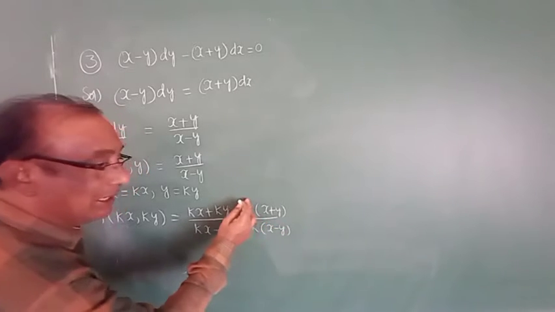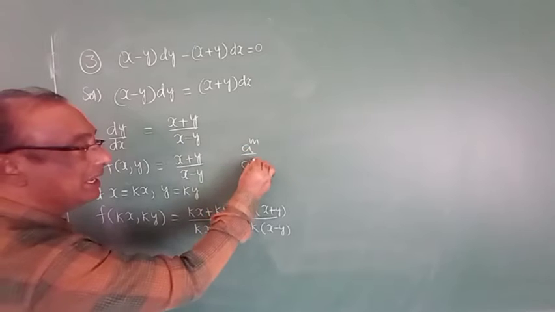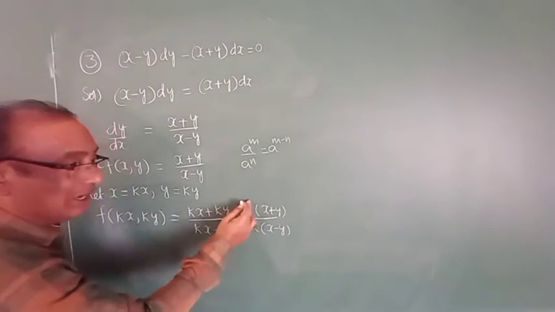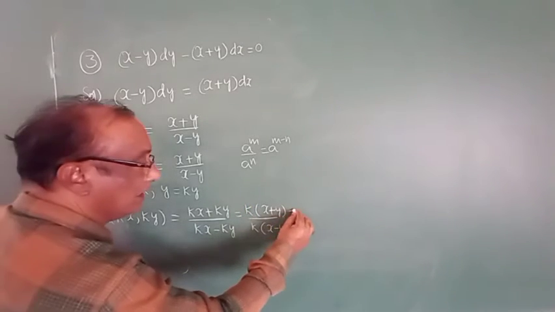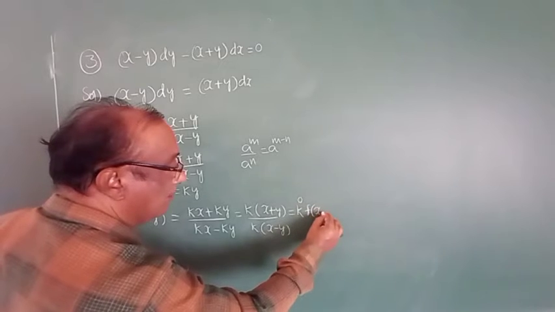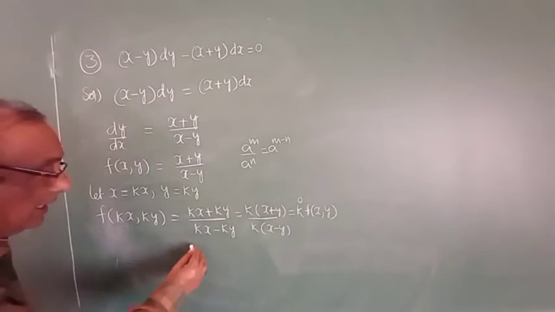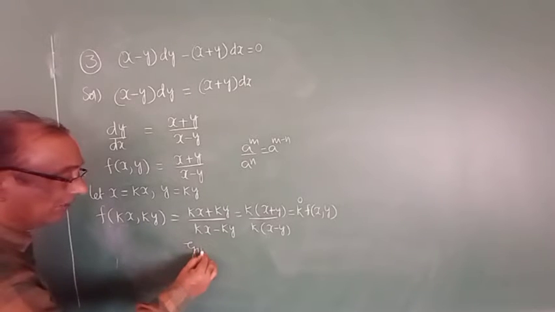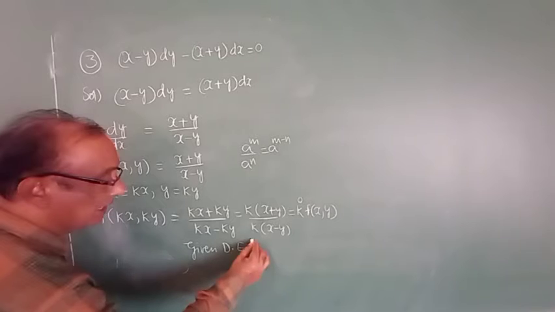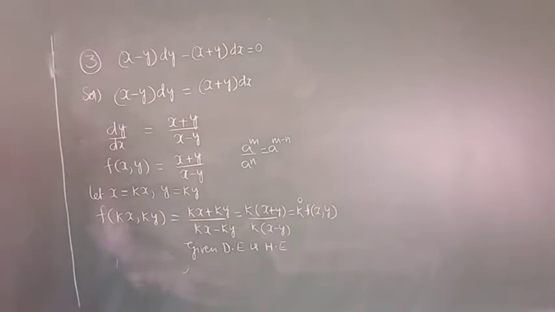So a power m by a power n is a power of m minus n. Therefore 1 minus 1 will become 0. K power 0 f of x comma y. K power 0 is 1, means the given differential equation is a homogeneous equation. One part is completed.